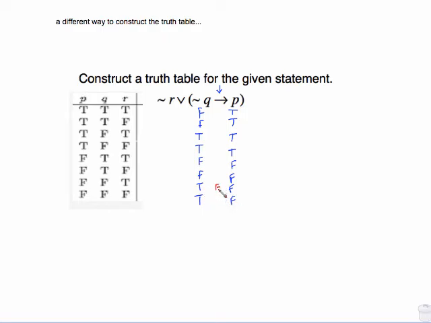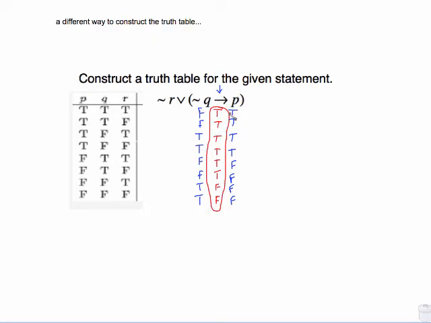So under the conditional connective, I would have F's for those two positions, and I would have T's for the rest of this. The next thing I do is I circle this, and I also use these different colors like I'm doing on this video for you. I circle this because that is my result column for the parenthesis part.